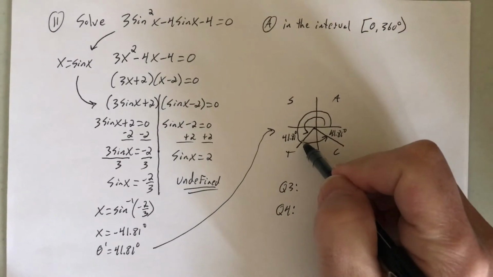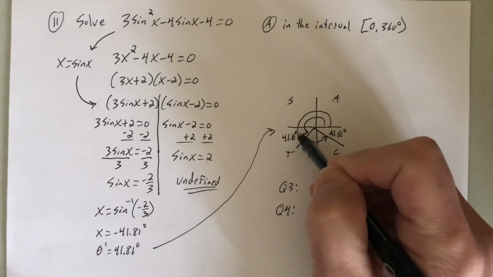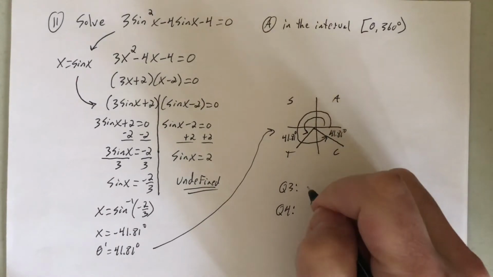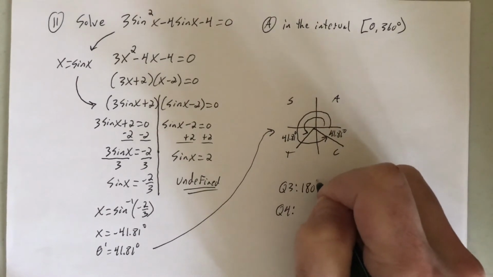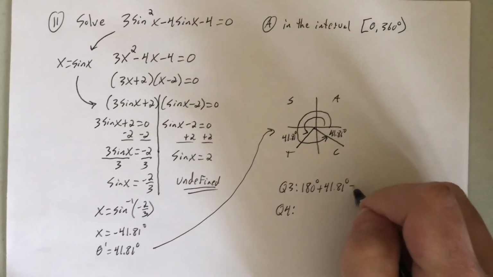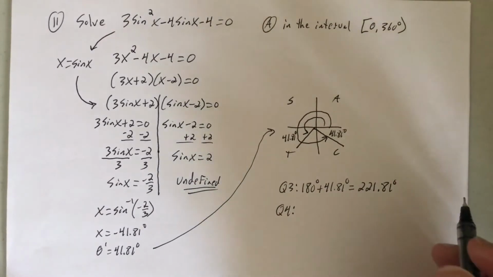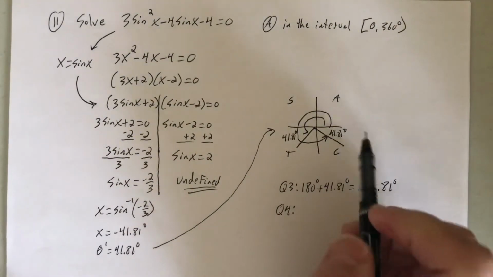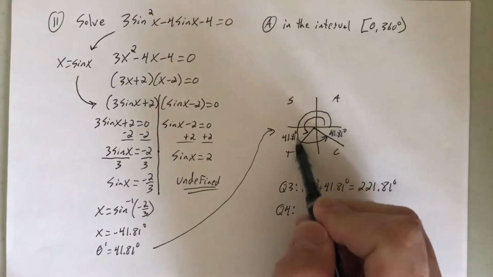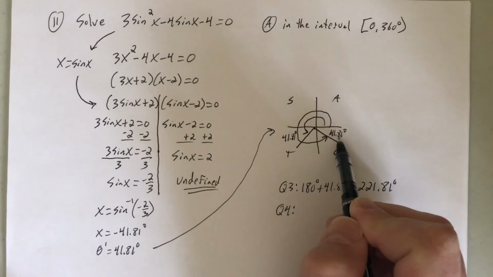Well, how do we use the reference angle? For quadrant 3, from here to here is 180, and then we're going to add the reference angle. So the quadrant 3 answer is 180 degrees plus the reference angle, and that is going to be 221.81 degrees. Quadrant 4, all the way around is 360, and if we take away this piece, which is the reference angle, that will give us our quadrant 4 angle.